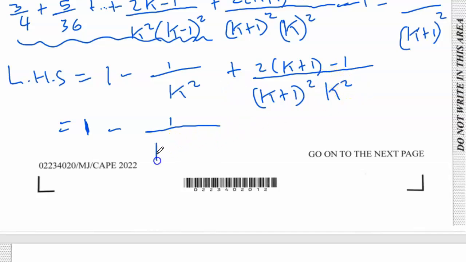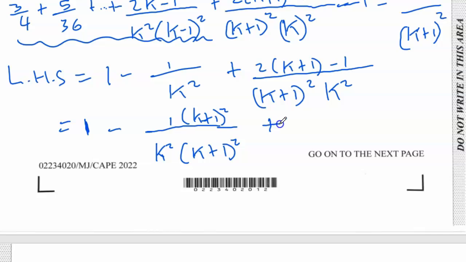To get it to have the same denominator, we multiply by (k plus 1) square, and of course we have to do the same thing to the numerator, multiply by (k plus 1) square, for the fraction to remain equivalent.